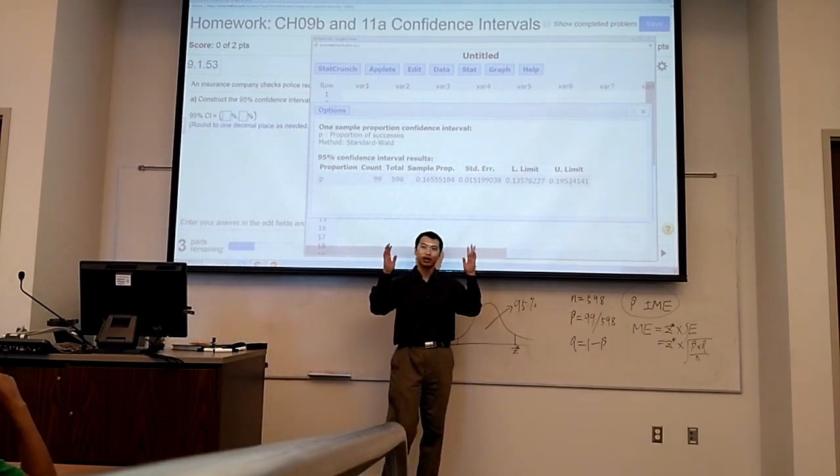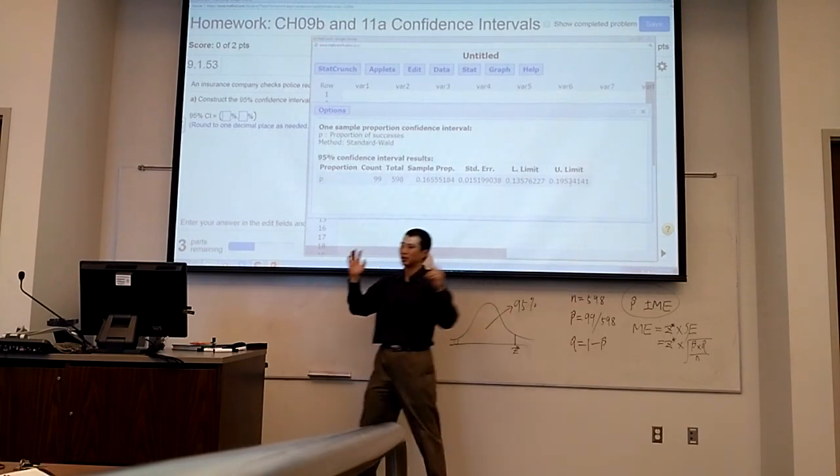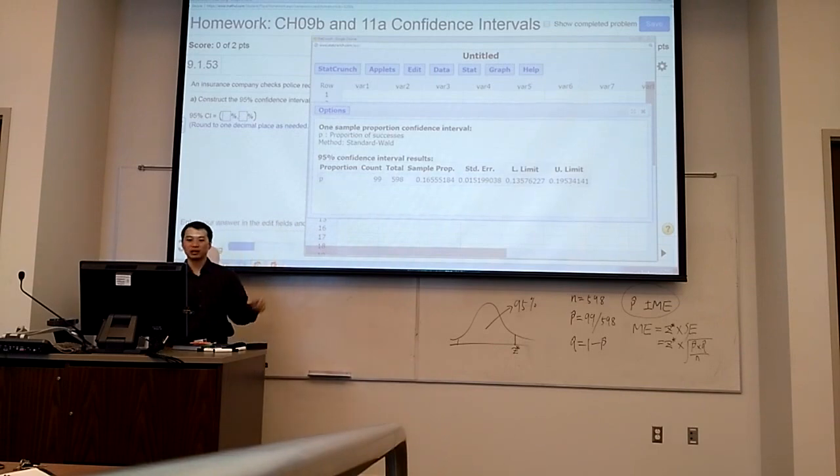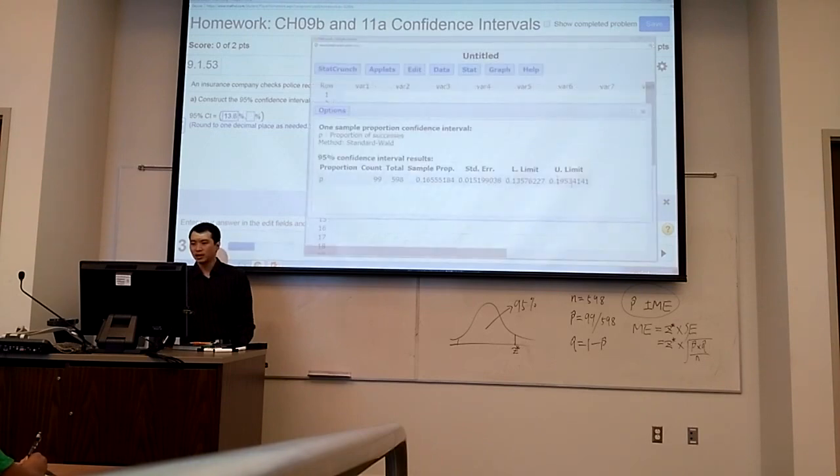And the question is asking the lower limit and upper limit. So the lower limit is 13.6%, to one decimal, and the upper limit is 19.5%.